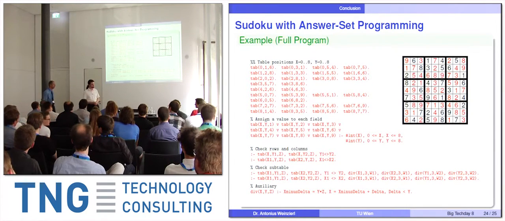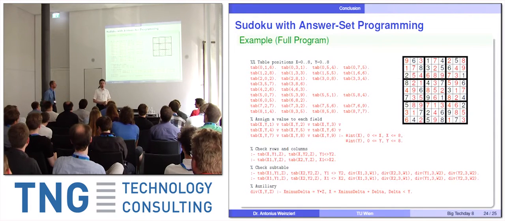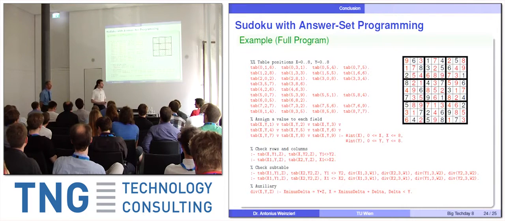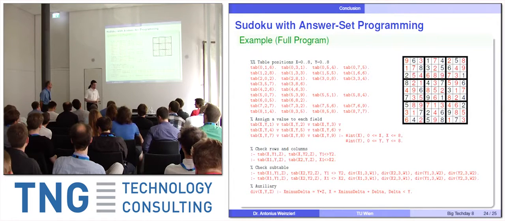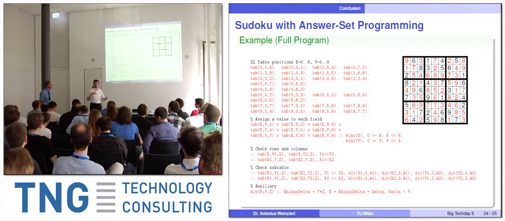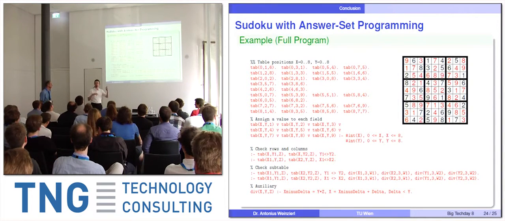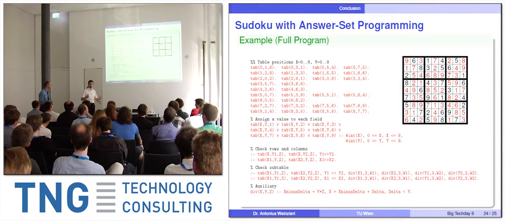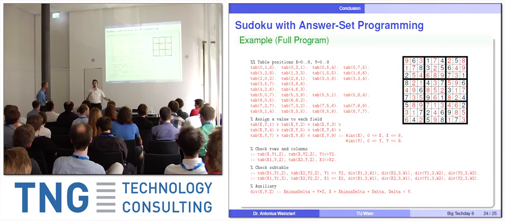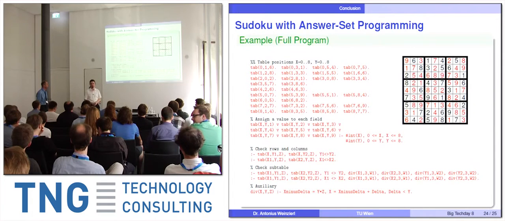There is the CSP community, constraint satisfaction problems, where I don't assign the value true or false to a variable, but I can assign a number to it, and then I can say the number of apples in my solution should be less than the number of bananas, whatever.